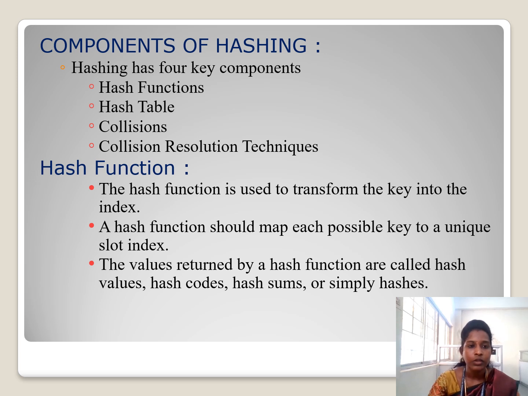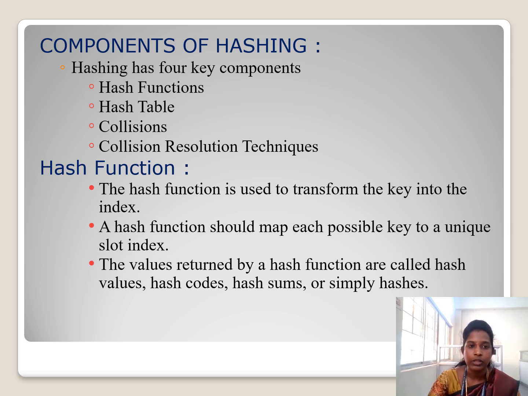There are various components of hashing. While performing the hashing technique, we have to follow four components. The first is the hash function, the second is the hash table, the third is collisions, and the last is the collision resolution technique.